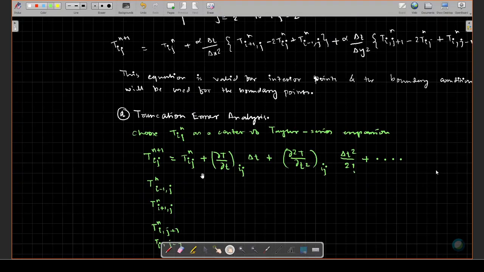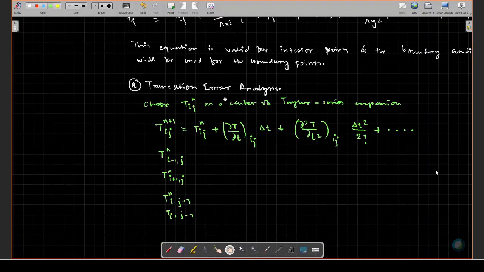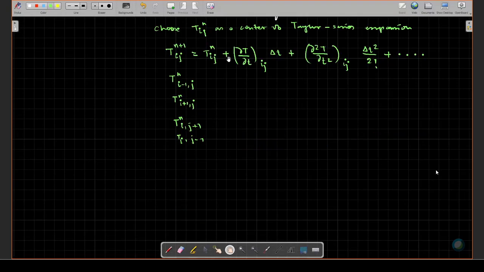Now this i minus 1 and i plus 1 will only vary with respect to this sign here. So I'm just making it plus minus like that. This is i plus minus 1. Either it is plus or minus.